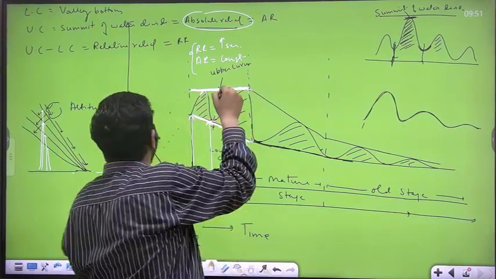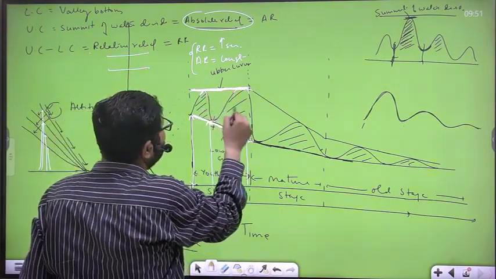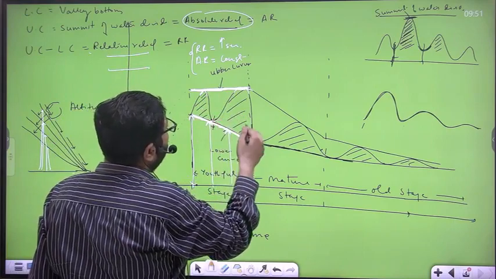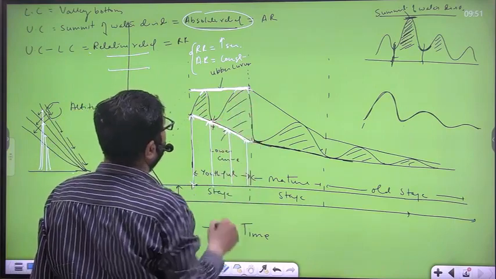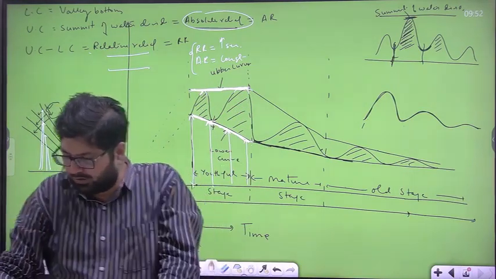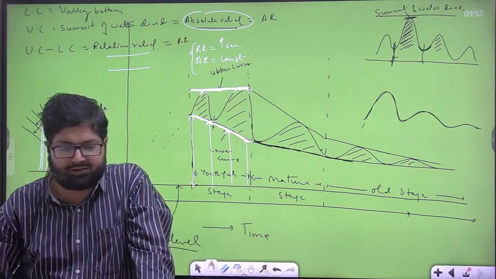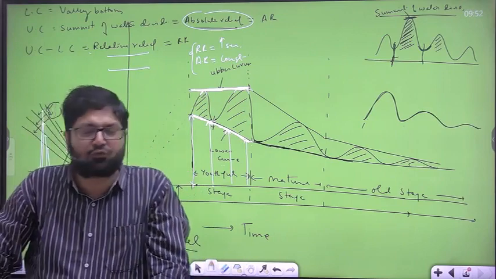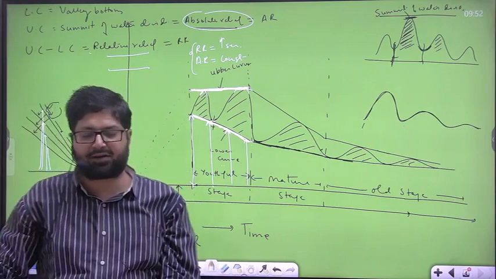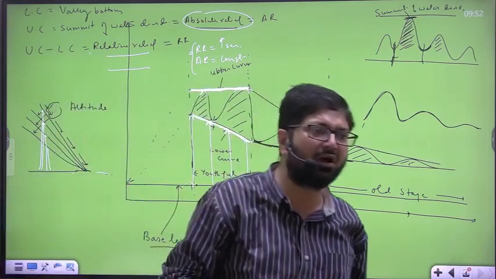So difference between upper curve and lower curve, that is relative relief, goes on increasing until maximum relative relief is achieved. So as a result of this, relative relief continues to increase till the end of youthful stage. When maximum relative relief is achieved, absolute relief remains constant.